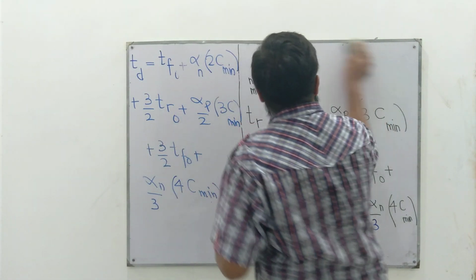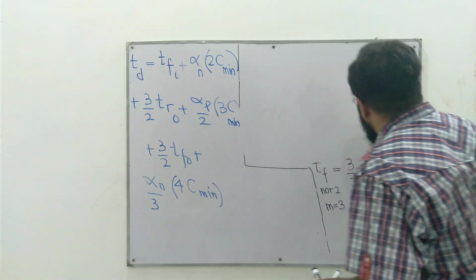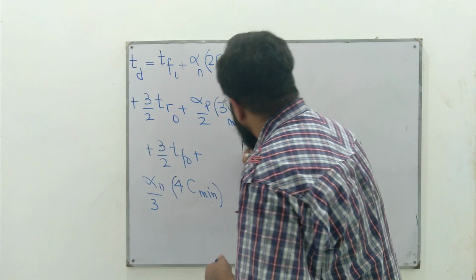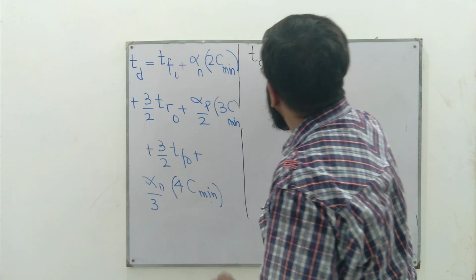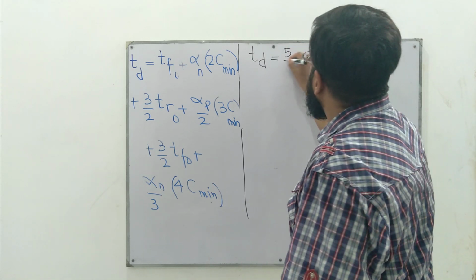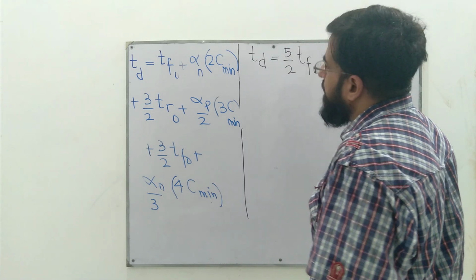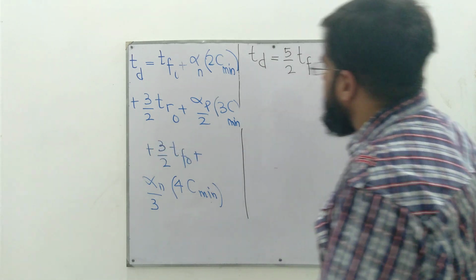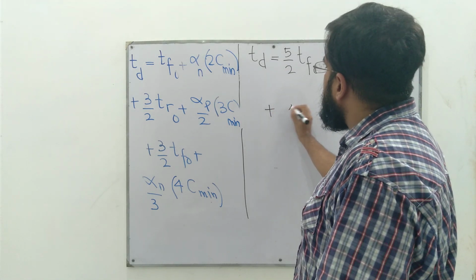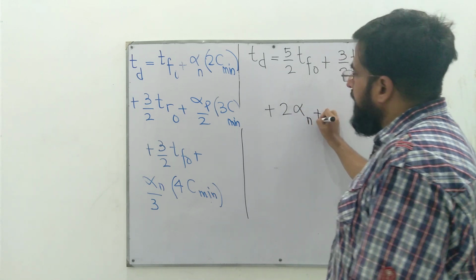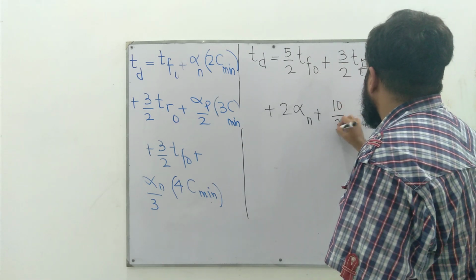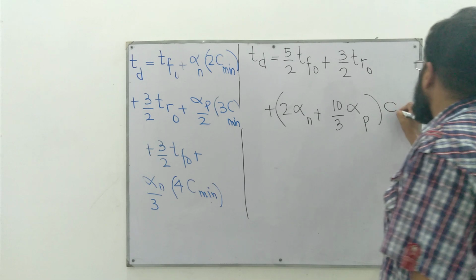And we solve it by combining like terms together, and we reach a point where this TD can be written as TF0 plus 3 by 2 TF0, which is 5 by 2 TF0, plus 3 by 2 TR0, plus 2 times alpha n plus 4 by 3 alpha n plus 3 by 2 alpha p, which is 10 by 3 alpha n plus 3 by 2 alpha p, times C minimum.